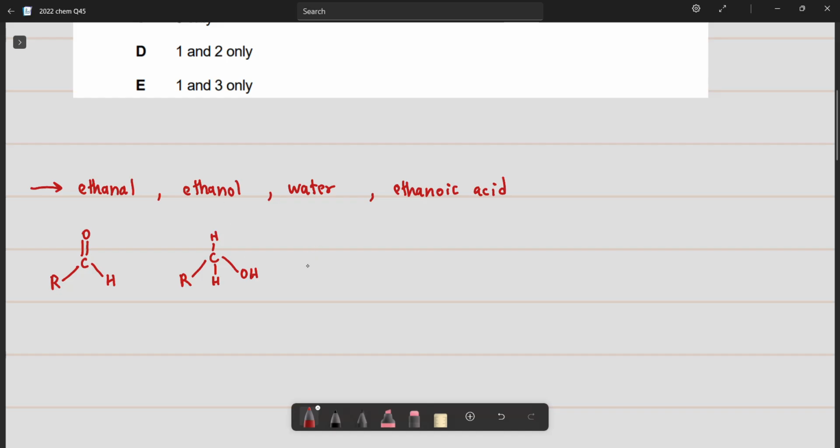The water molecule is easy, you know it's H2O. And for ethanoic acid, I'm going to draw the simple structure over here. Okay, so this is the structure for ethanoic acid. Now I've drawn the basic general structure for each of these compounds.